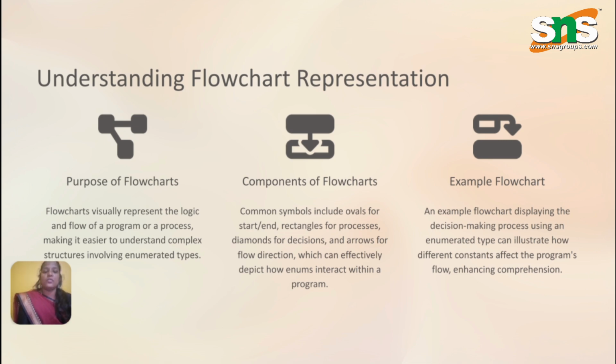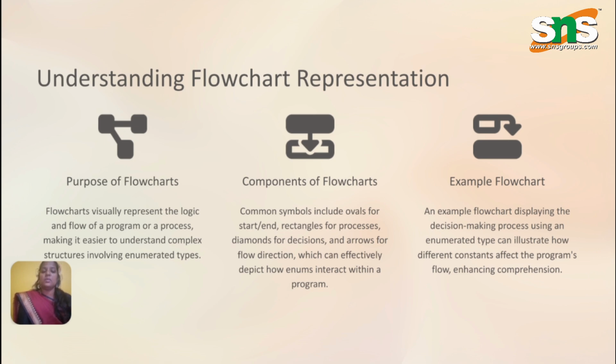So enums often appear in decisions. For example, consider the traffic light enum. A flowchart might check if current light is equal to red, then stop. If current light is equal to green, then go. If current light is equal to yellow, then slow down.